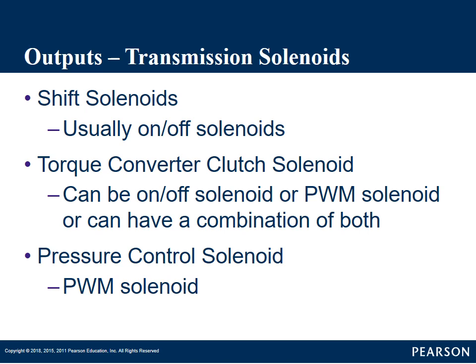Okay, we have our shift solenoids. These are usually on and off solenoids, but even as we get into many of our newer transmissions, our shift solenoids are going to be pulse width modulated because they can better fine-tune the shift pressure and timing.